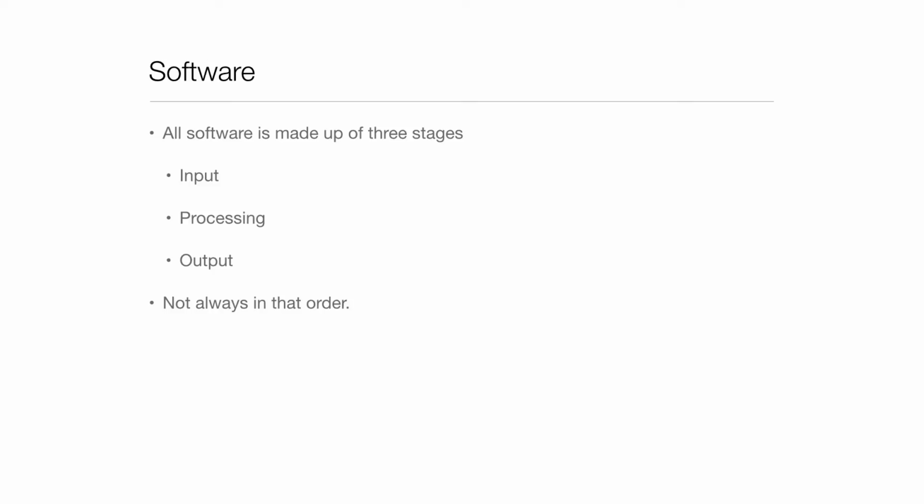All software does it. And then within that, like Microsoft Word, for instance, you've got to open up the file. You might need to type some characters, and then you need to save it or print it. Now, even the typing of the characters requires extra input, processing, output, because it's not as simple as pressing a key on a keyboard and suddenly Word displays the character.